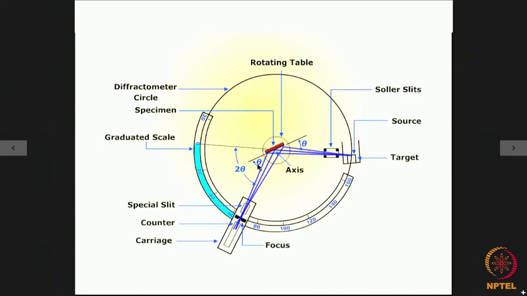As we move along, there will be planes which will be giving rise to the diffraction patterns, and those will be recorded in the counter. So, you see that the specimen and the counter must be coupled together, so that when the specimen moves by an angle theta, the counter moves by an angle 2 theta, so that it will be in the correct position to record the diffracted beam.